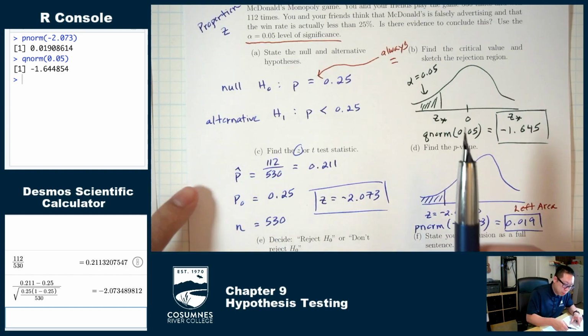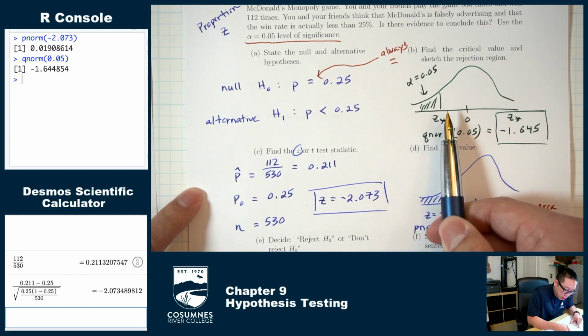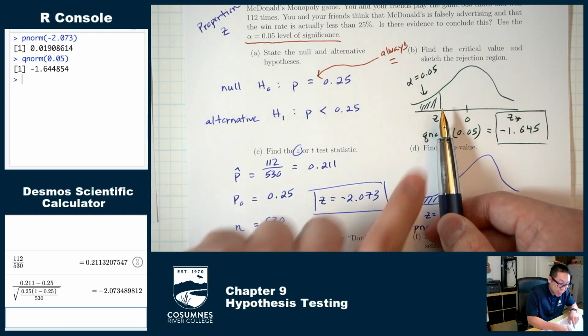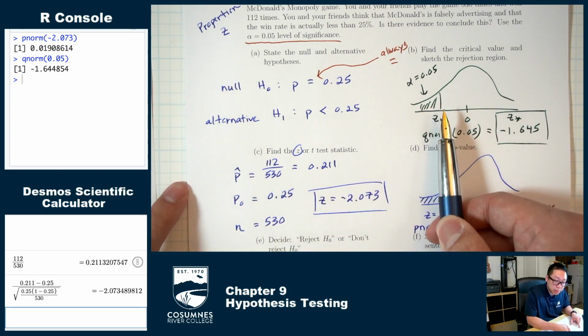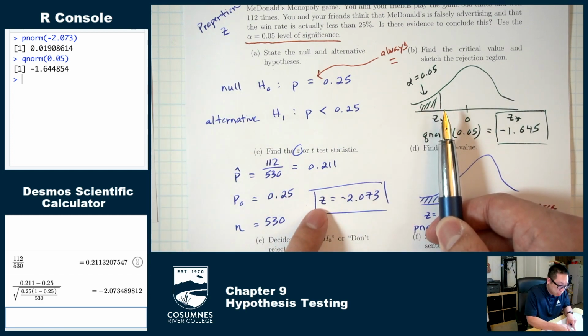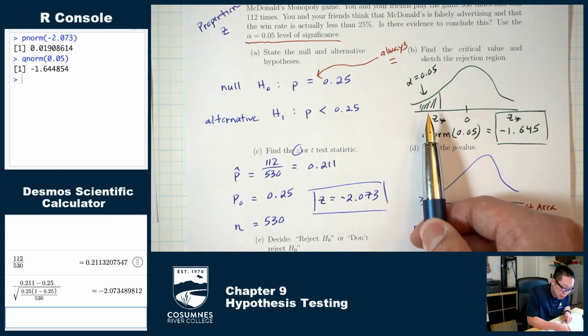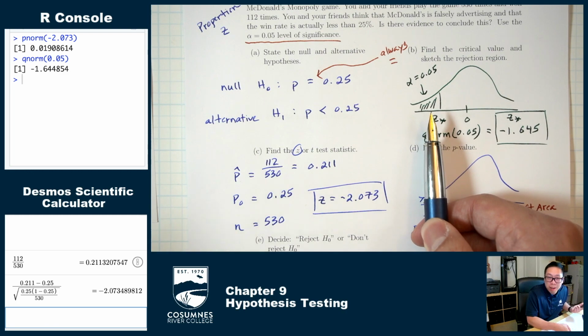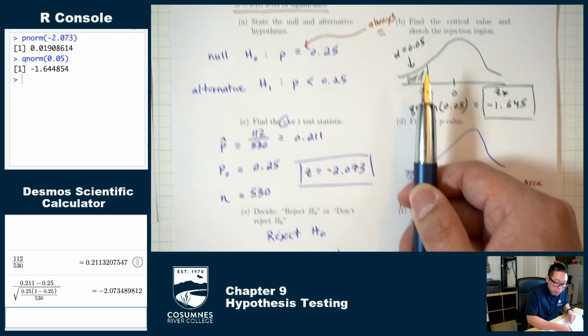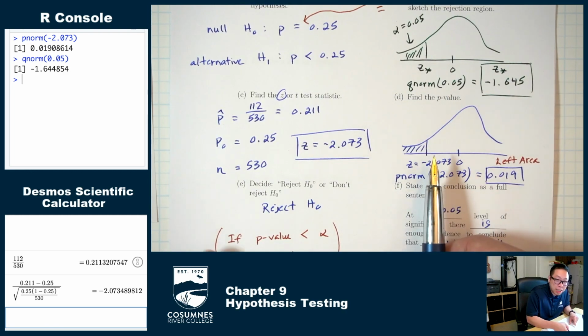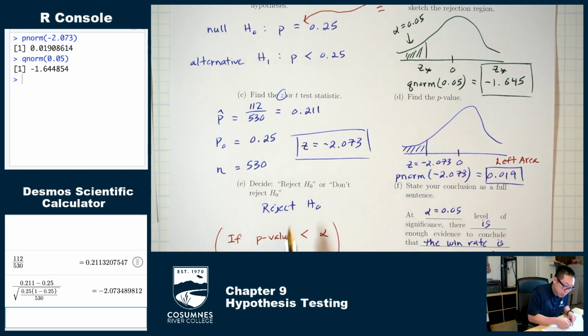What we found in part B by finding the critical value is we found the z star that has exactly 0.05 to the left of it. If I know my z is in that shaded region, then I know the area to the left of it has to be less than 0.05. Which means that if I were to find a p-value, I know for sure it's going to be less than 0.05. And that's why we're rejecting.